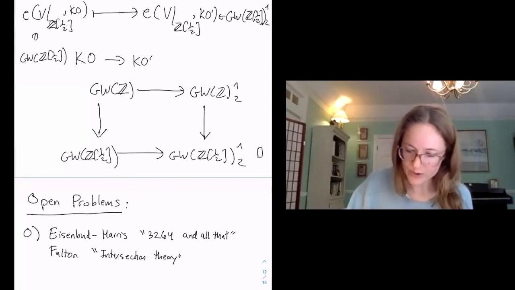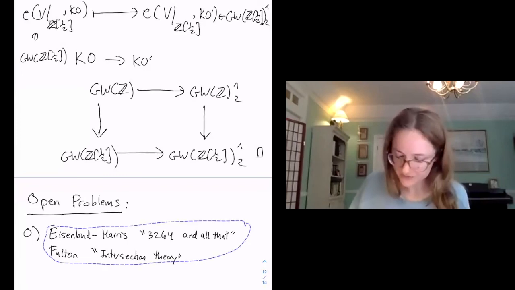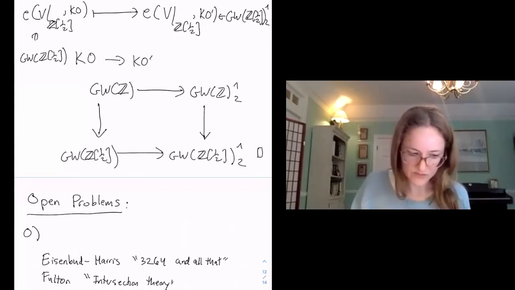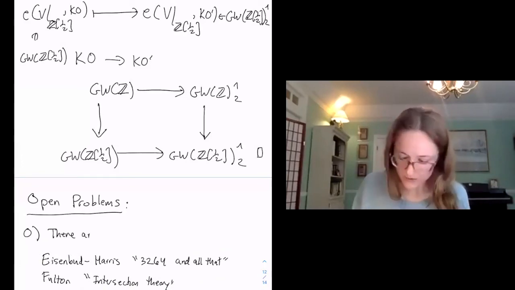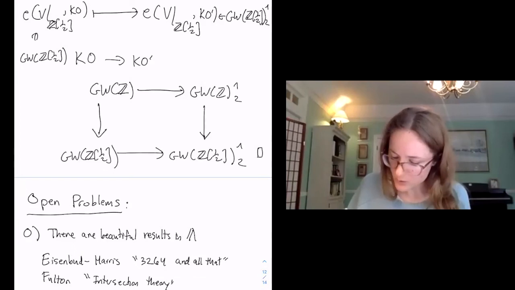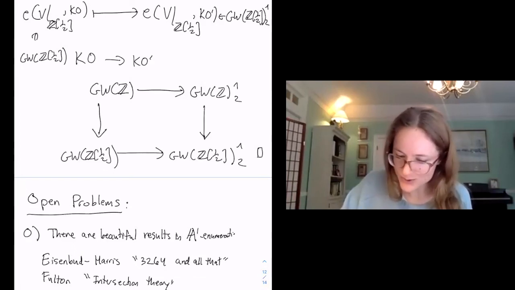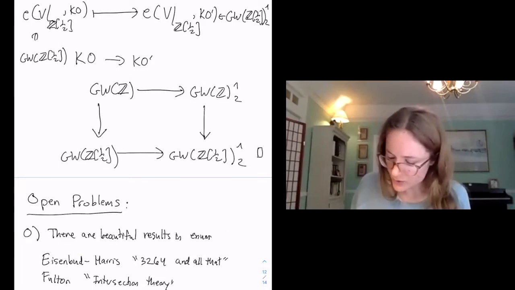Let's give more of a preamble to this question. There are beautiful results in enumerative geometry. Can A1 homotopy theory enrich them?